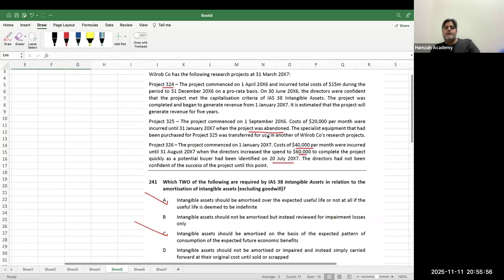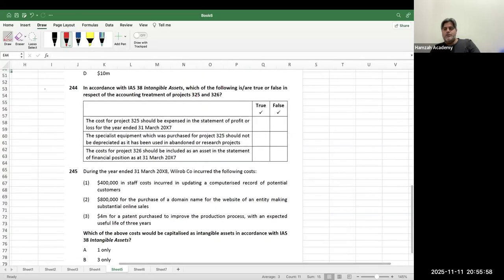Yeah, the project was abandoned, so yes, the cost has to be expensed out. True. The specialist equipment purchased for project 325 should not be depreciated as it has been used and abandoned. No, the equipment is going to be depreciated. This is false. Then the cost of project 326 should be included as an asset in the statement of financial position at 31st March.